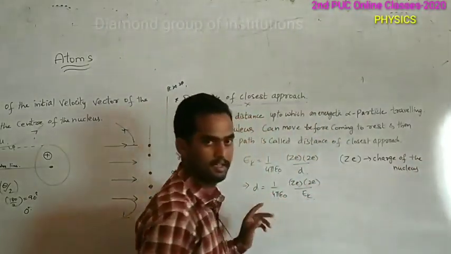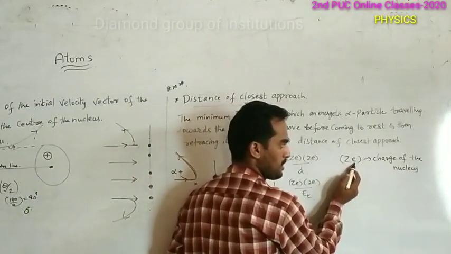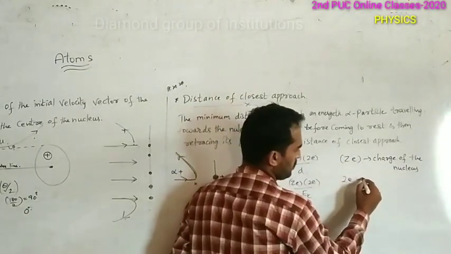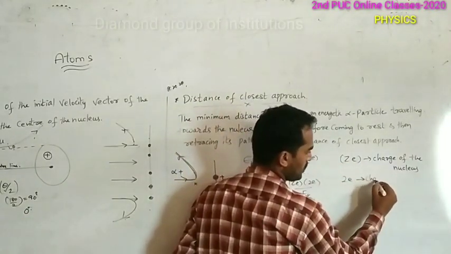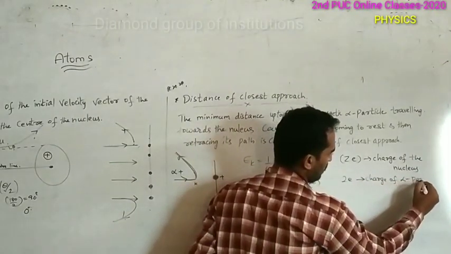What is Z? Z indicates the atomic number, e indicates the charge of a proton. Then 2e indicates the charge of the alpha particle.